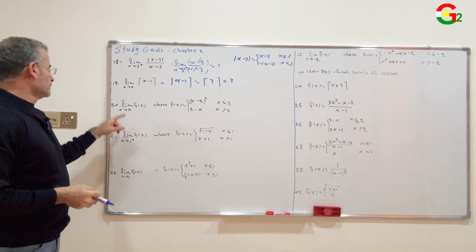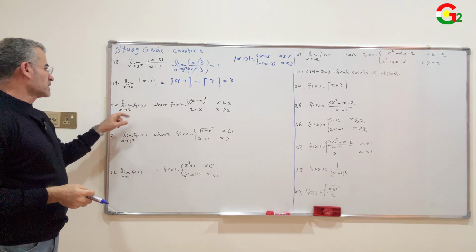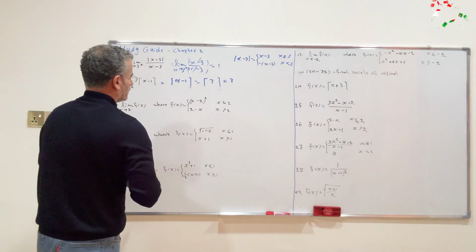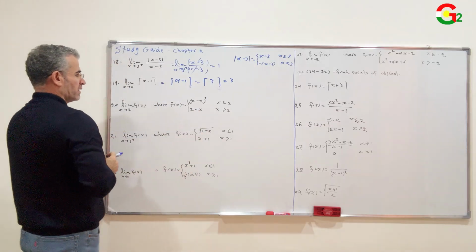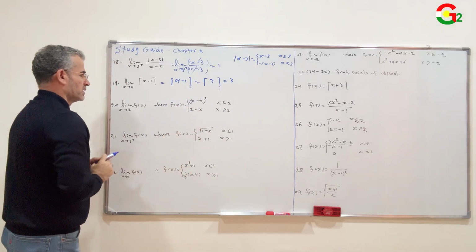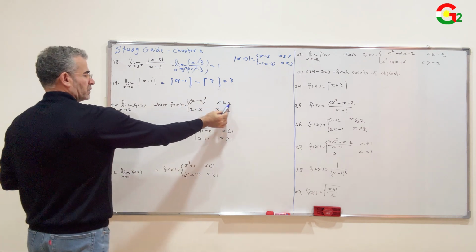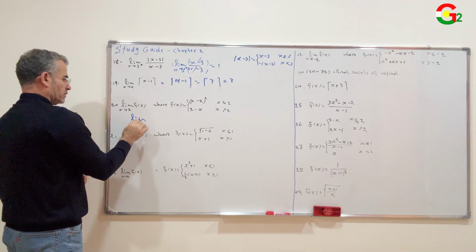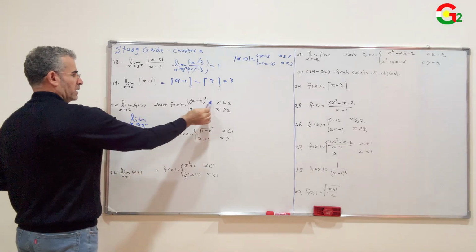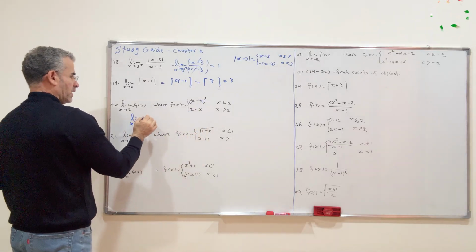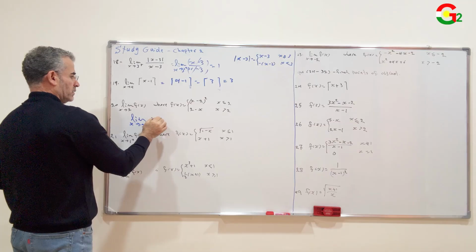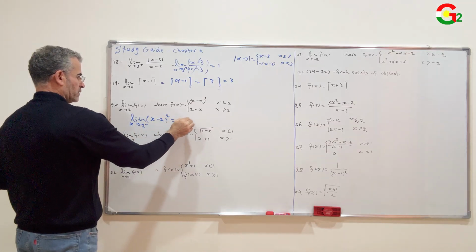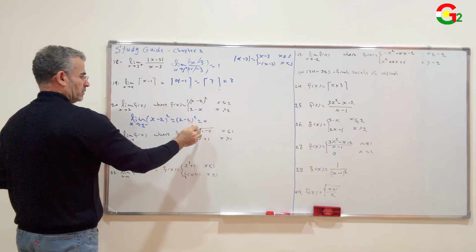Number 20: the limit of f of x as x approaches 2, where f of x is a piecewise function defined like this. Since 2 is a joint point, I need to find the limit as x approaches 2 from the left. I'll use this segment: (x minus 2) to the power 2, which is (2 minus 2) squared equals 0.